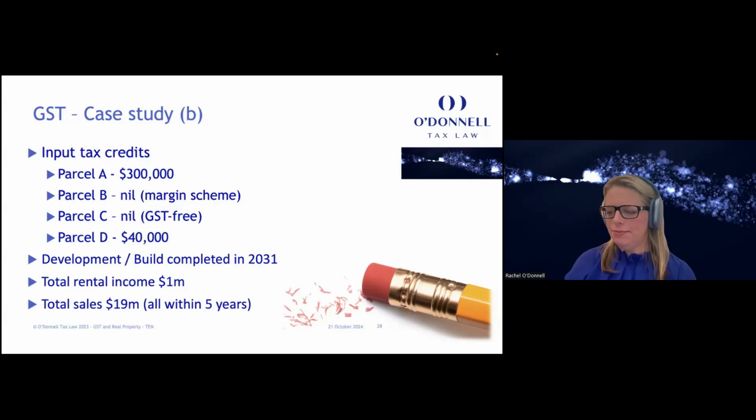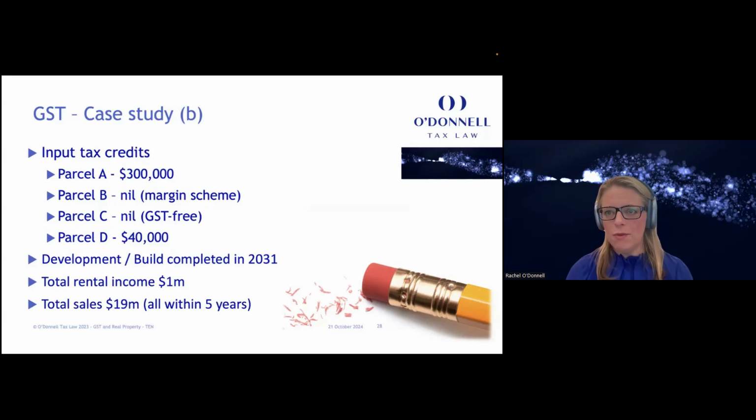So what we've got there is the sales of $19 million will be sales of new residential premises. They will therefore be taxable, and GST will apply to those sales.